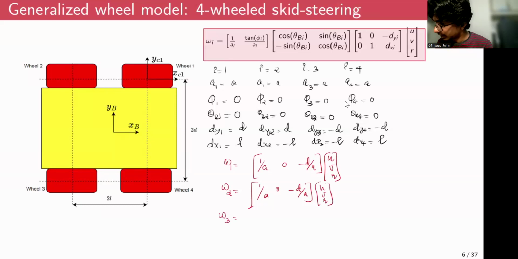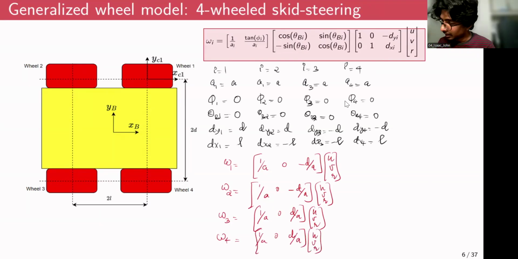Omega 3 is nothing but 1 by A, 0, d by A, UVR. And omega 4 is nothing but 1 by A, 0, d by A, UVR. And if you club all of this together into a single matrix and vector form, you will have something like this. Omega, I'll write it like this.